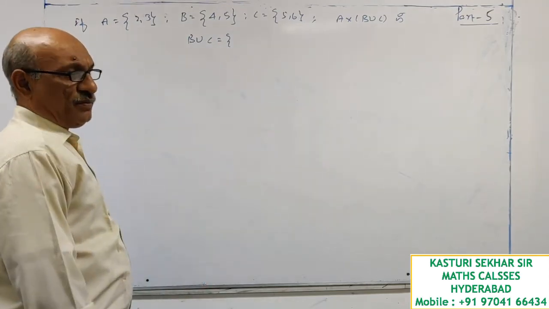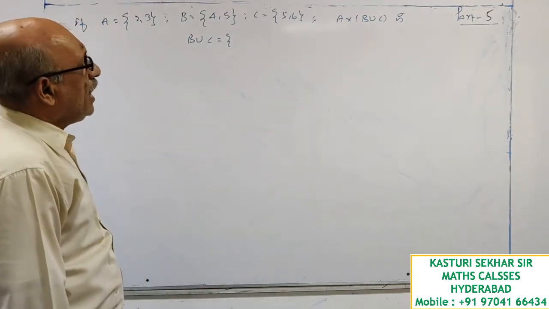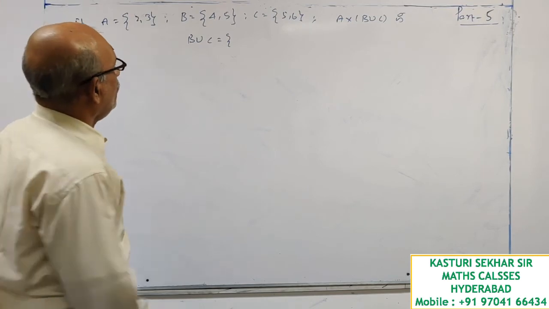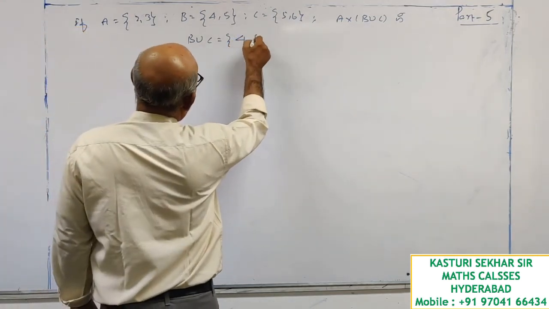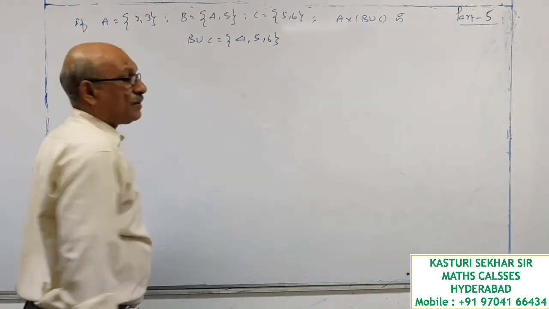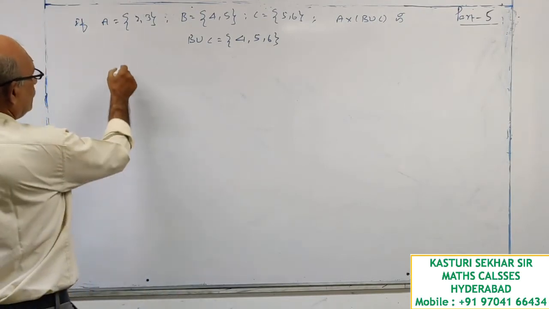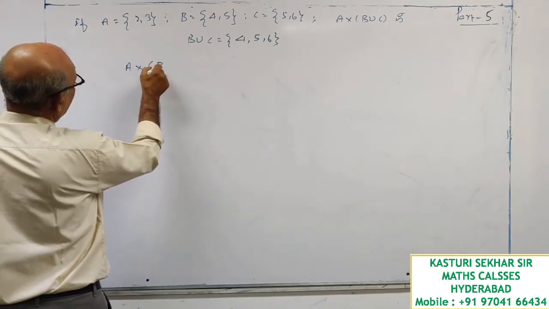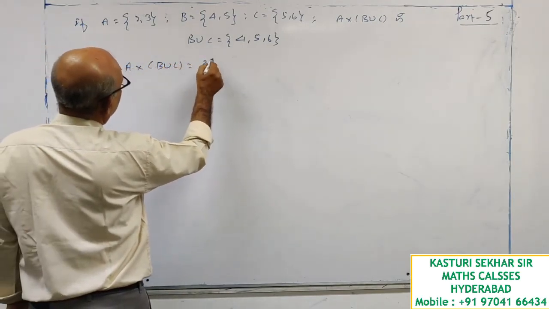B union C means elements of B or elements of C or both. So 4, 5, 6, 3 elements it has. A cross B union C.